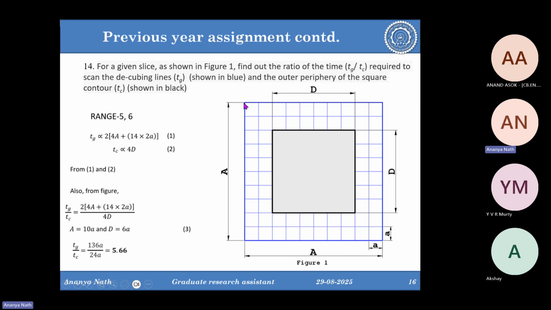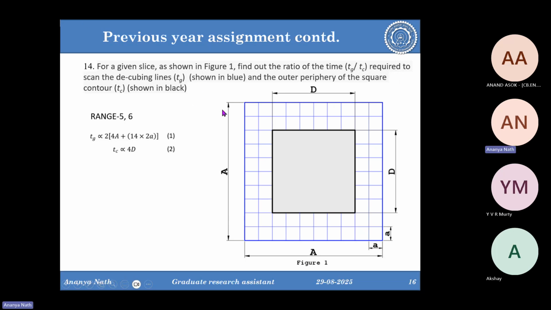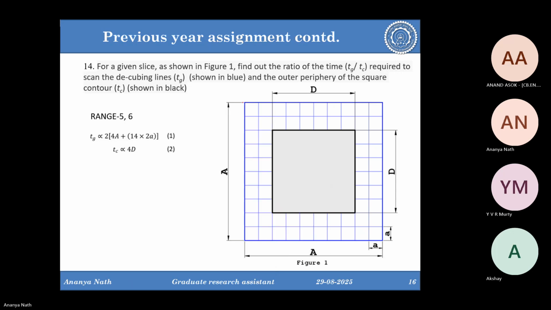Basically, you have to count the blue lines. It's up to you how you count the blue lines. You can do first the bigger blue lines. So I can see 4 A's are there. A is 4, right? This is A. This is A. This is A. This is A. We have 4 A's.